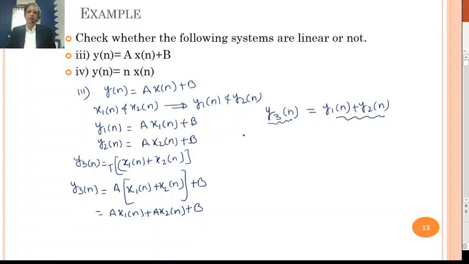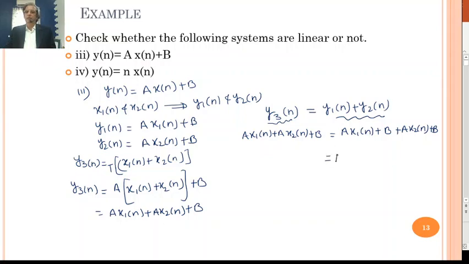Now y3(n) is a x1(n) plus a x2(n) plus b, and here y1(n) plus y2(n) is a x1(n) plus b plus a x2(n) plus b.